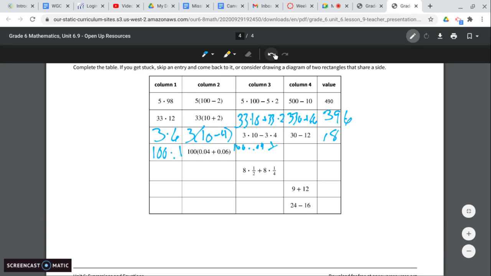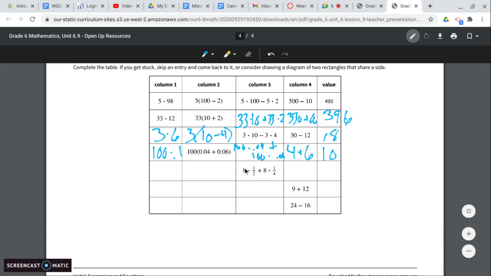It looks weird. Plus 100 times 0.06. So we find what those are. 100 times 0.04 is 4. 100 times 0.06 is 6. 6 plus 4 is 10.